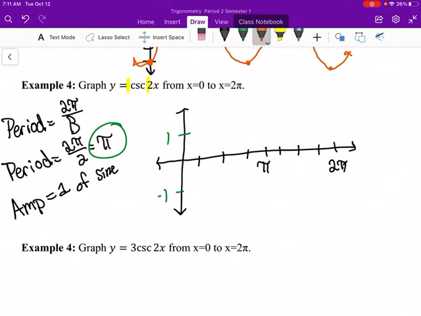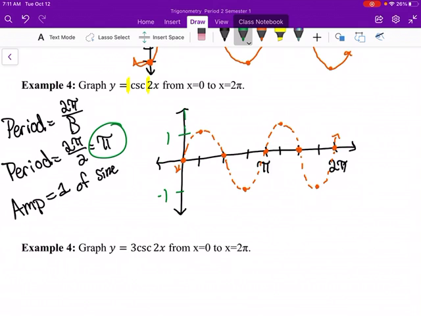All right, and sine always starts at 0 unless we are adding or subtracting something to it. So we start with our sine function here. And remember, this isn't the final graph. This is just what we're going to use to find our asymptotes and then also our maximum and minimum points.